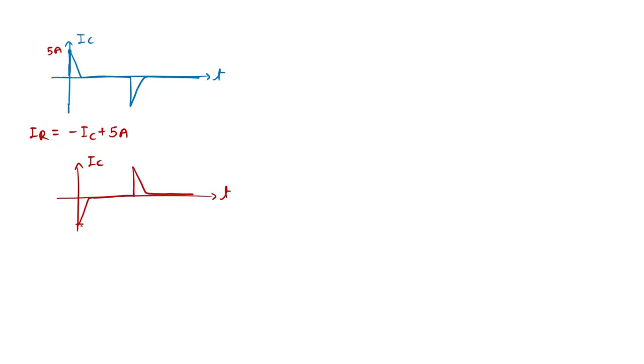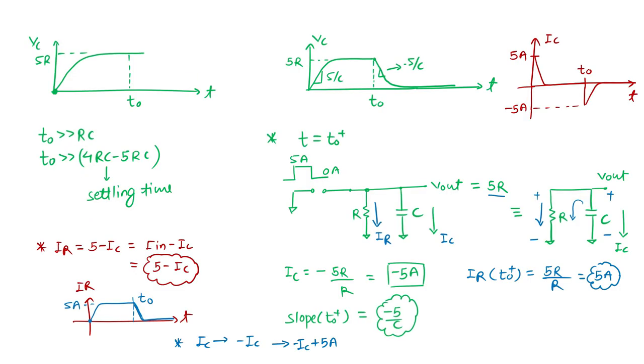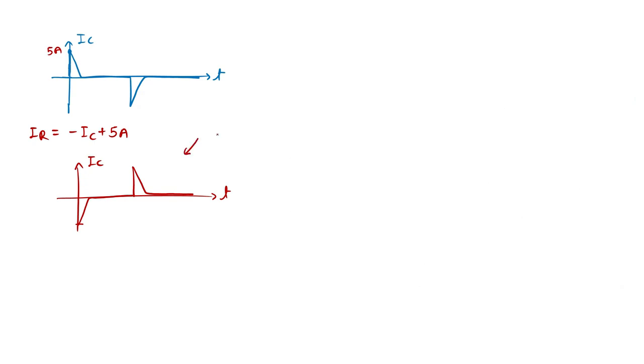Okay, and when we shift this thing, is anything missing? Minus IC. Yes, one thing is missing in this particular analysis: for T greater than T naught, what is happening?